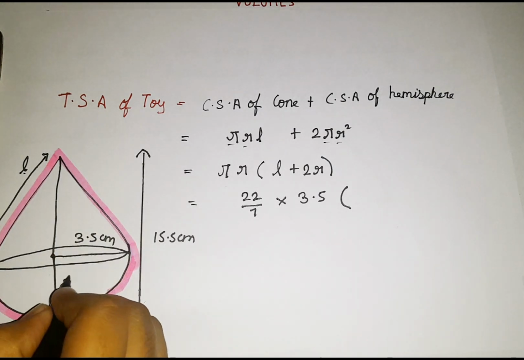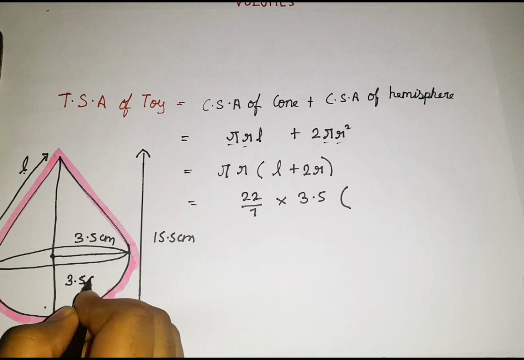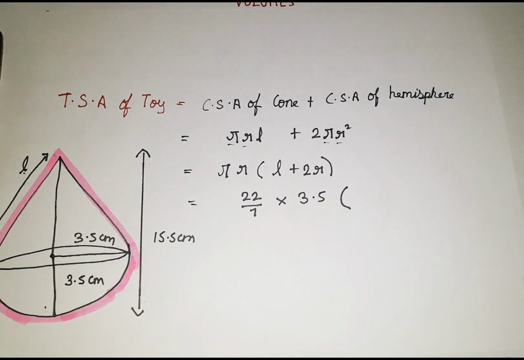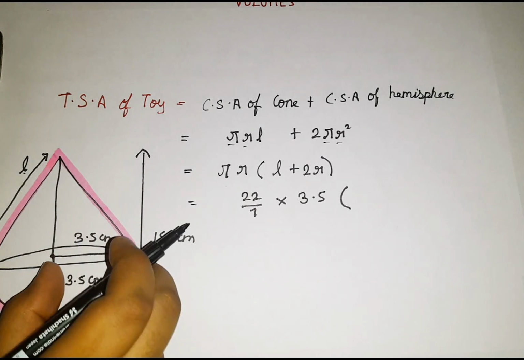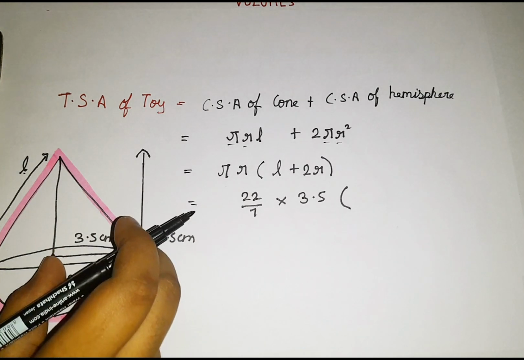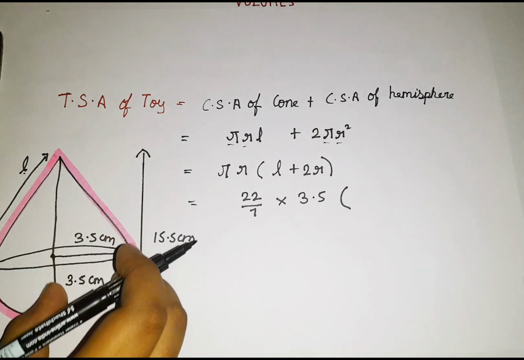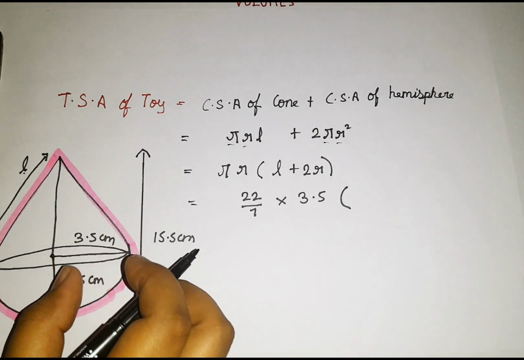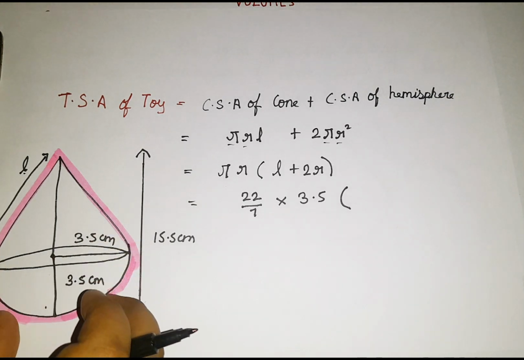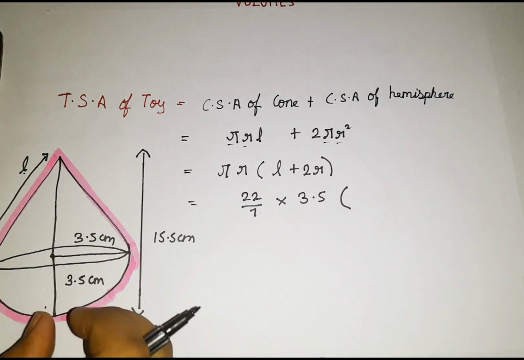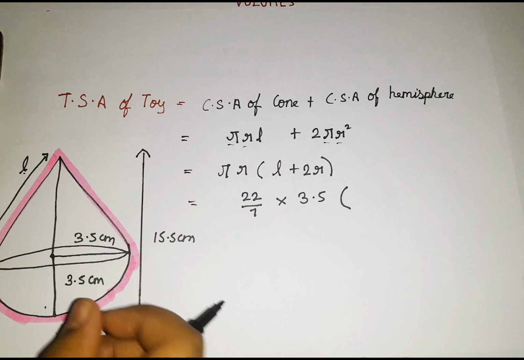So here also the measurement is 3.5 centimeter. Why? Because for the hemisphere, this complete part is a radius, and this one is a diameter. Now we are just focusing on the radius, so no worries.